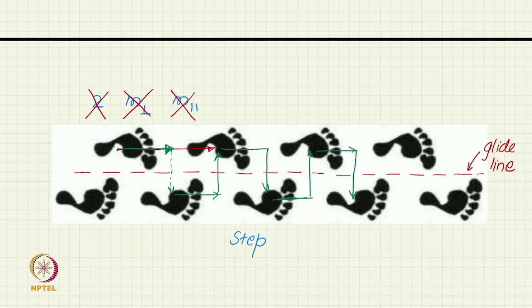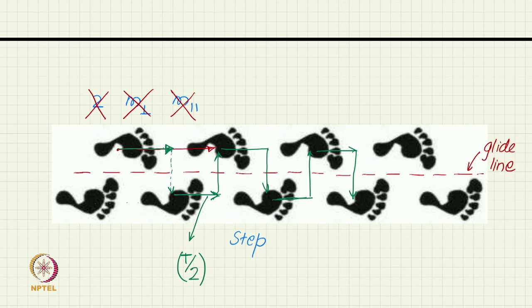Now, the translation associated with the glide operation is half the lattice translation. Okay. So, if you do a half translation, the pattern will not come into self coincidence. You have to do a full translation to bring it into self coincidence. So, half translation is not a symmetry operation. If you reflect in the red line, again you do not get self coincidence, because without shifting it is not coming into self coincidence.